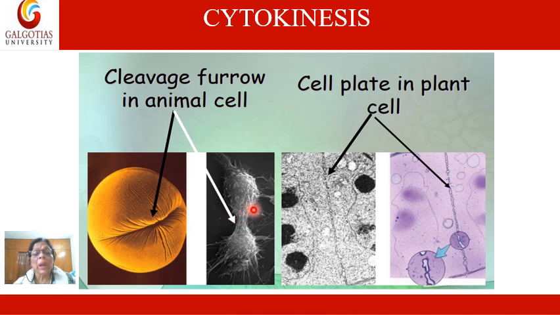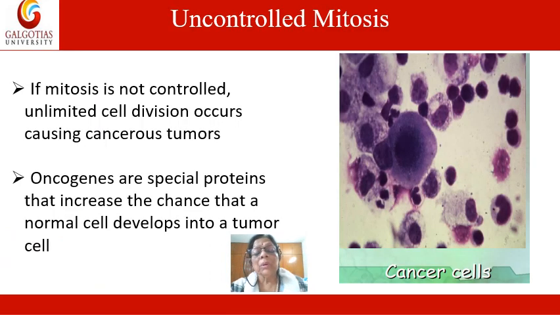So two identical daughter cells having the same genetic makeup are formed. So that was all about mitosis, and how this division takes place, that we have studied.